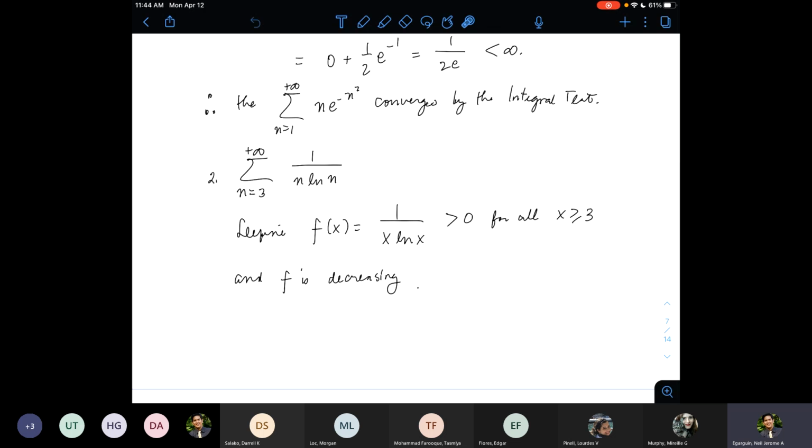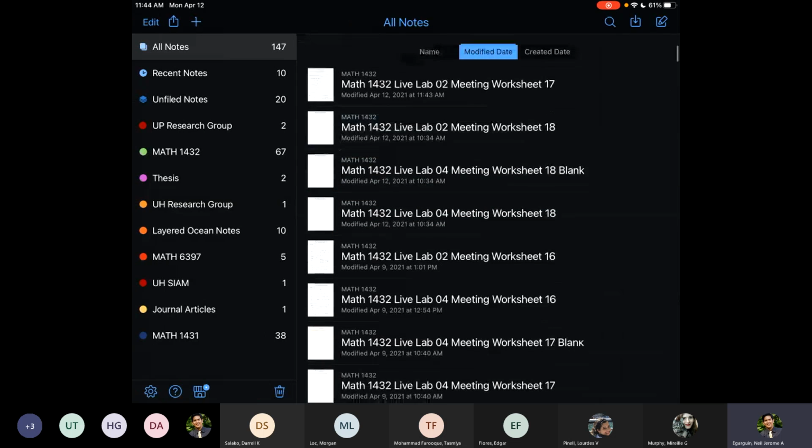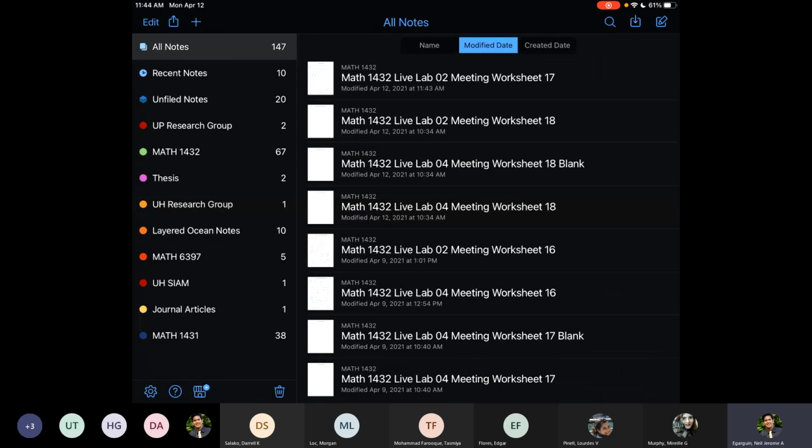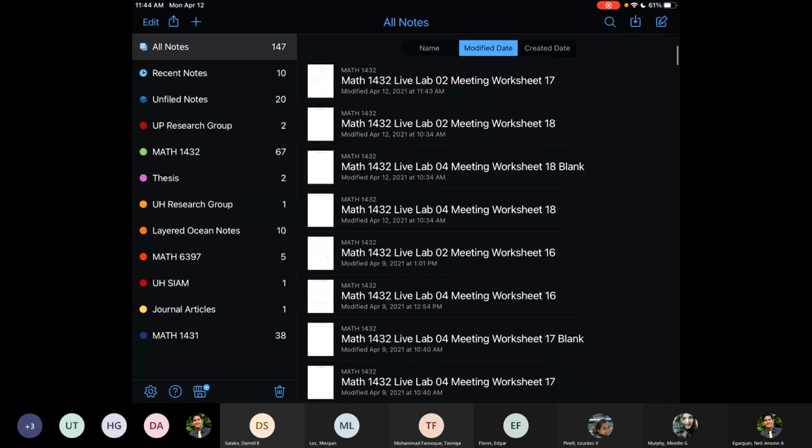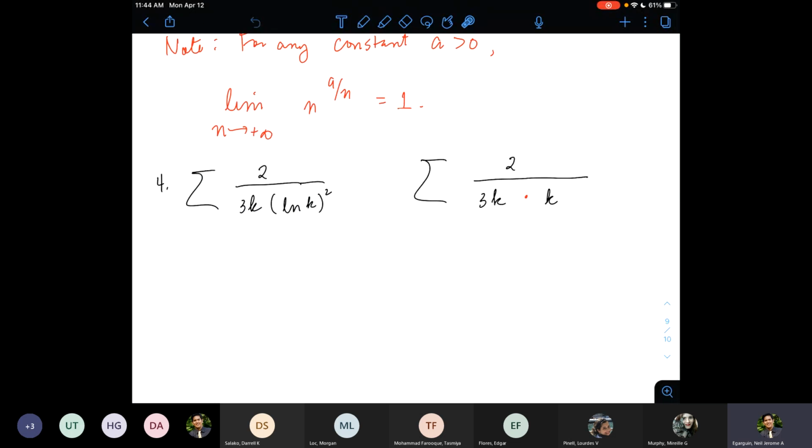Yeah, that won't work. So really here you'll need to do the integral test, because comparison tests are inconclusive. So here try the integral test. Okay.